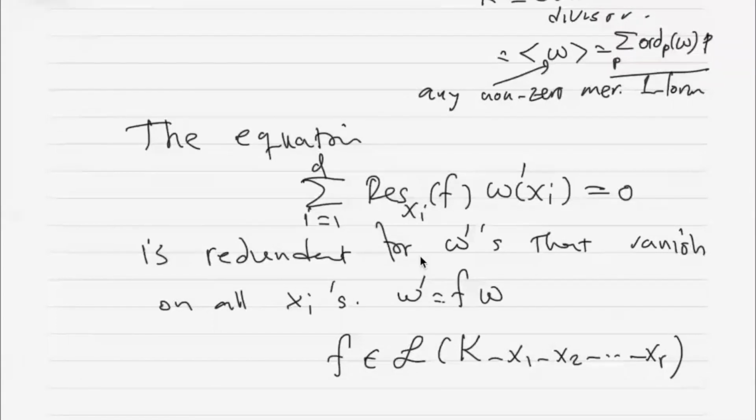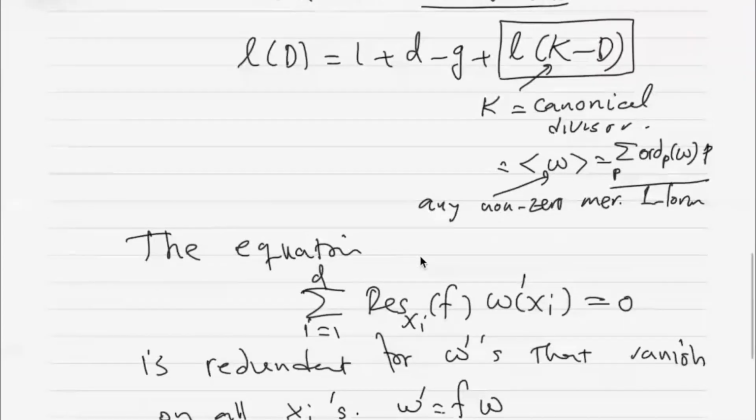If you look at the definition of L and the definition of K, exactly those f's inside this space give you holomorphic one forms omega prime that vanish on all the x's. Therefore, you have as many of these redundant equations as the dimension of the space, and therefore you have to add this term.